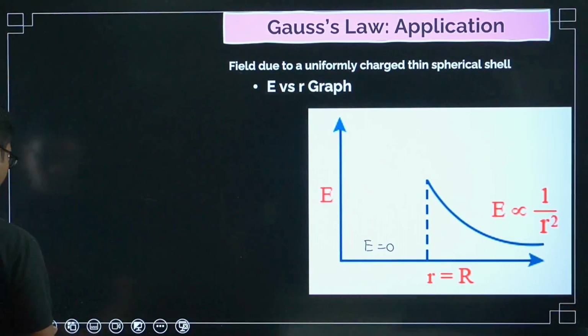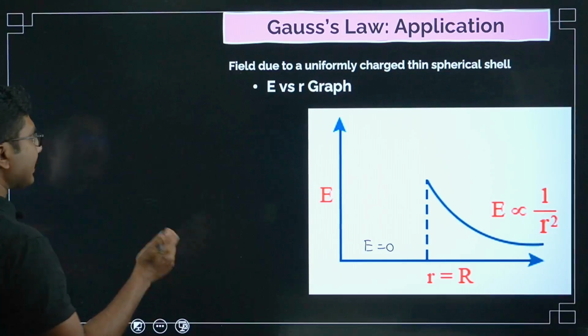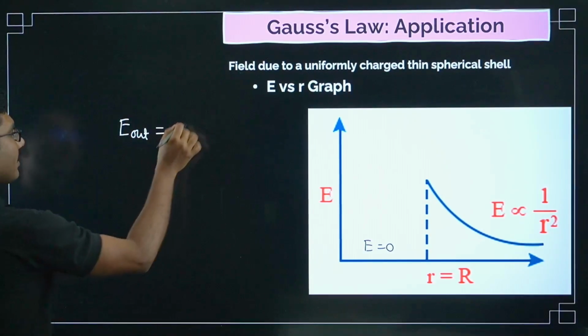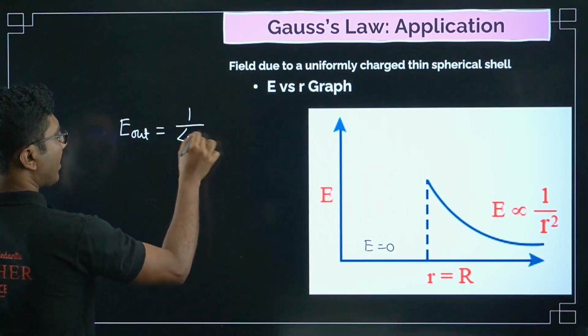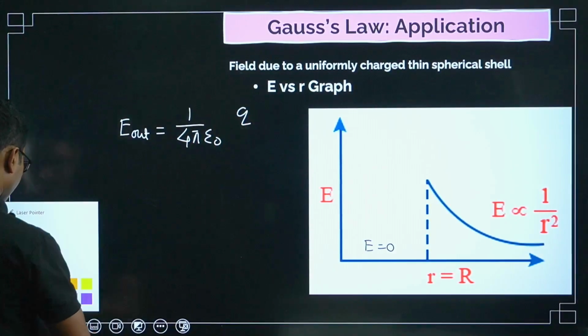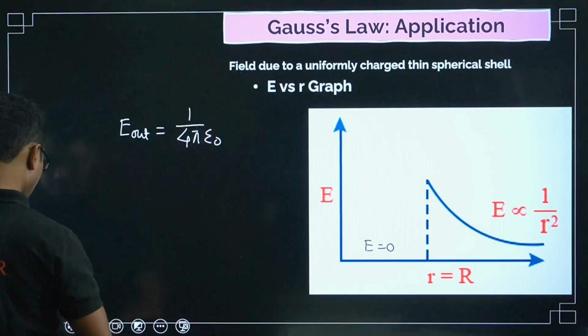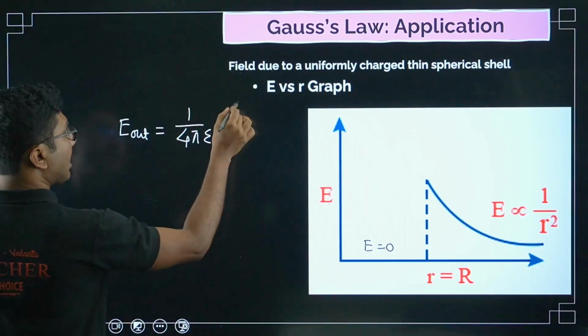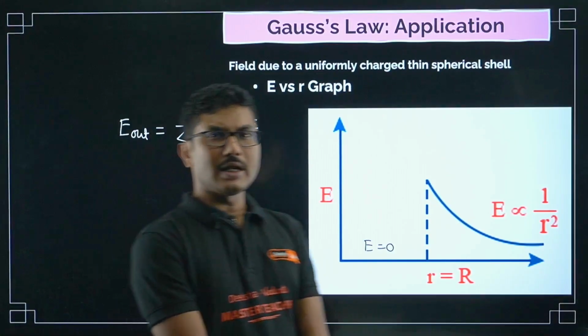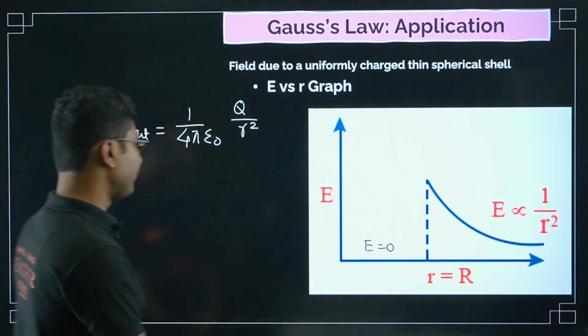Now, if you remember one more thing, what was the electric field outside? The electric field outside was given by 1 by 4 pi epsilon naught, capital Q by r square, right? That was the electric field outside the spherical shell.